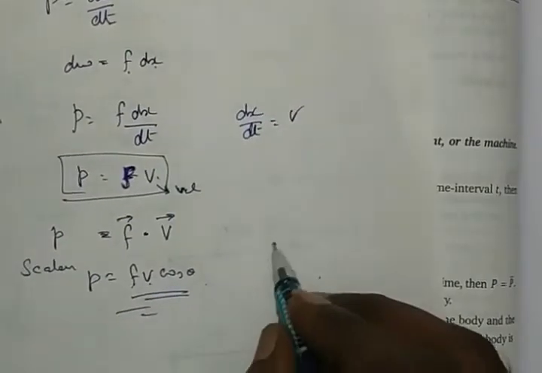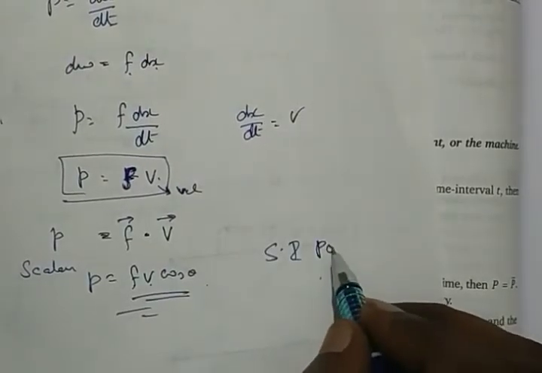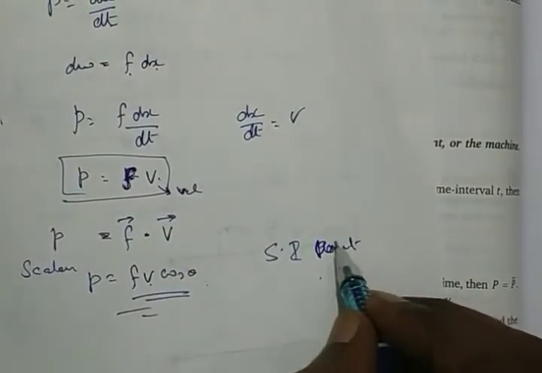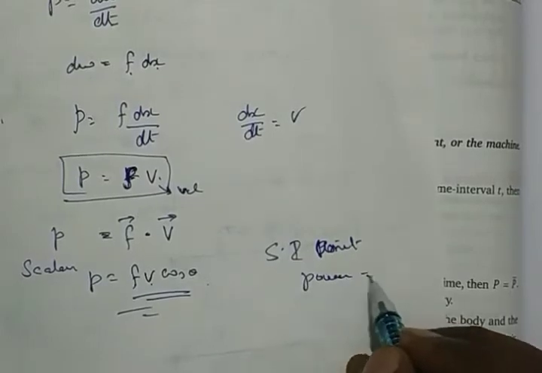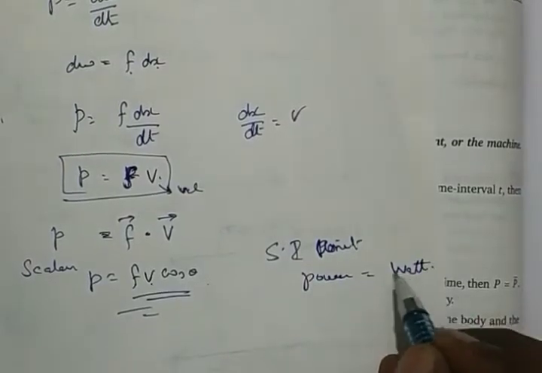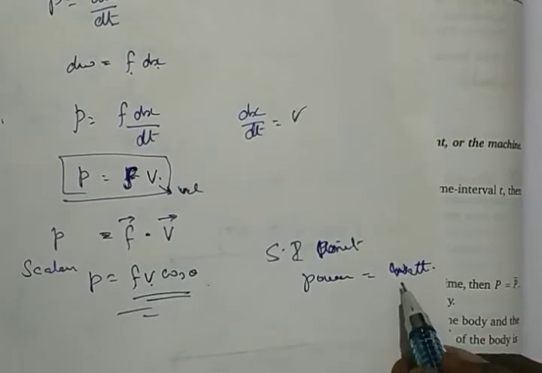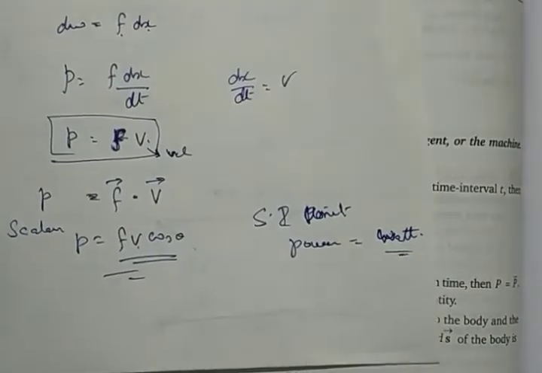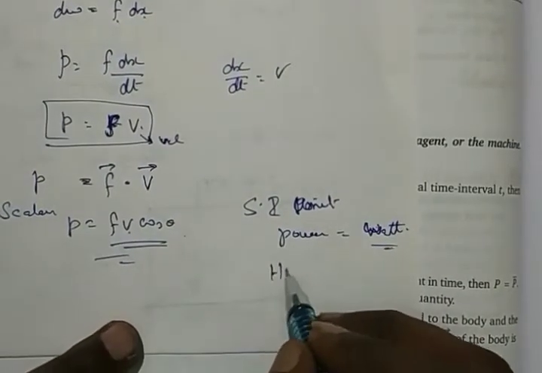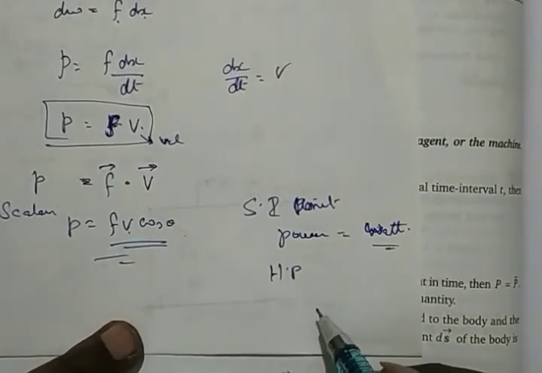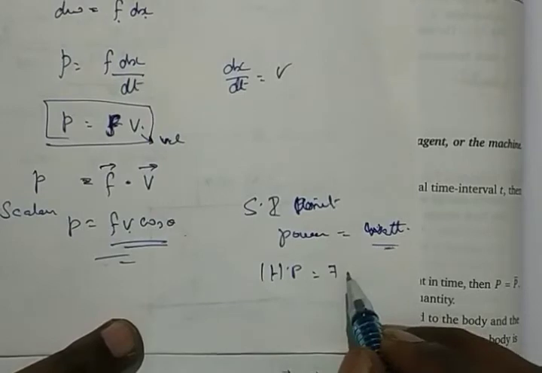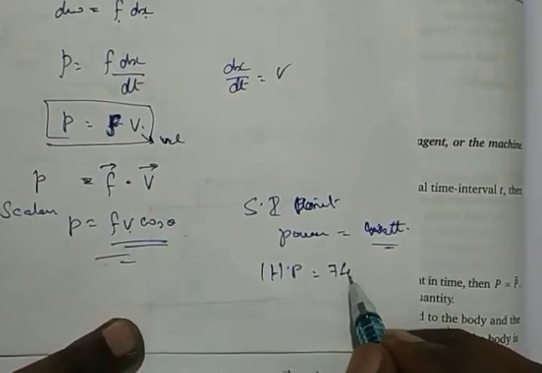Alright. What is the SI unit of power? The SI unit of power is the watt. Write it with a small w. Watt is the SI unit. Also, horsepower is another unit of power. 1 horsepower is equal to 746 watts.